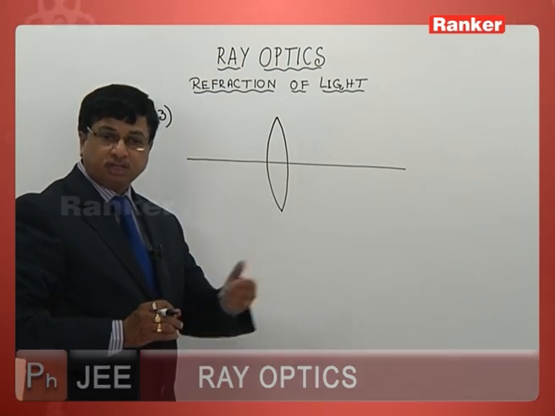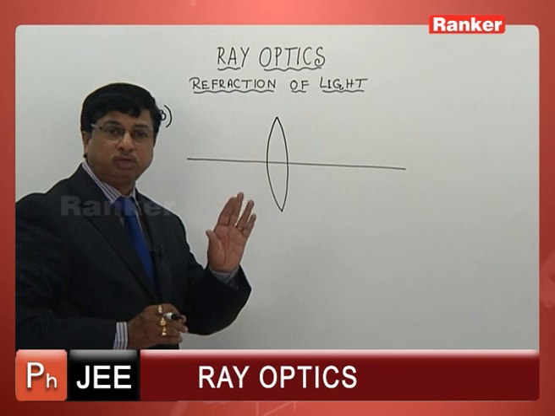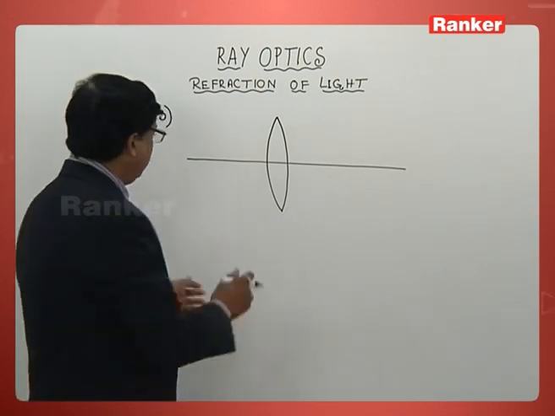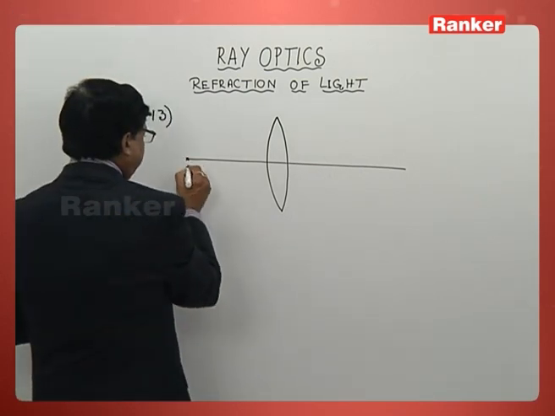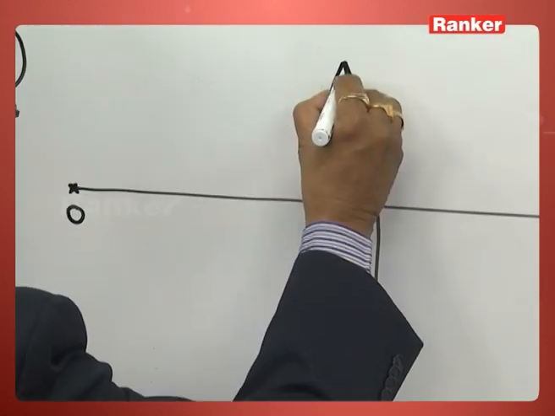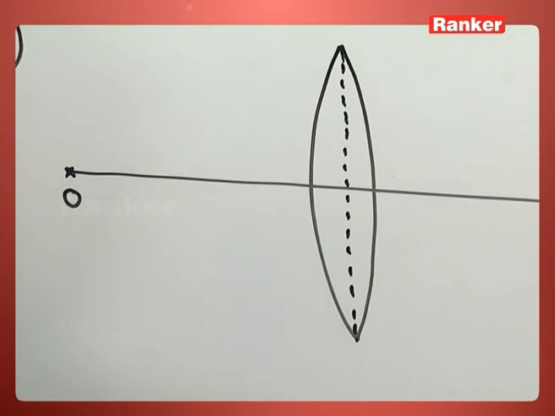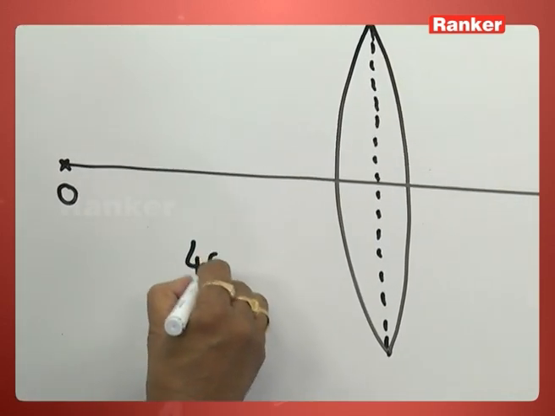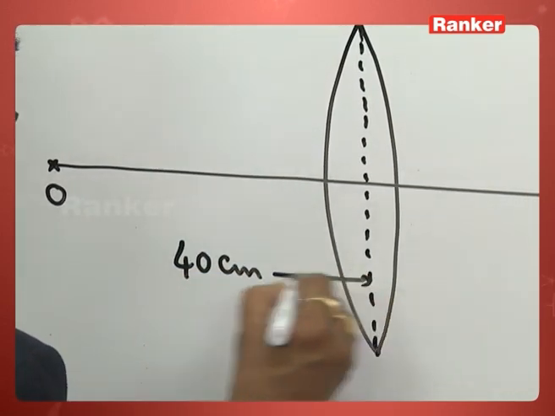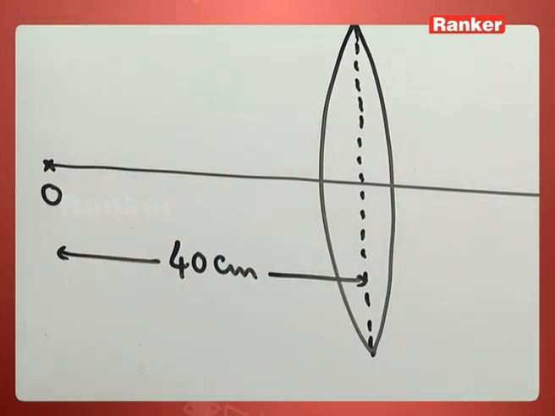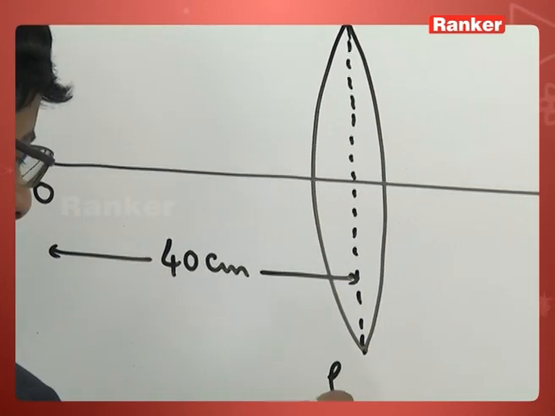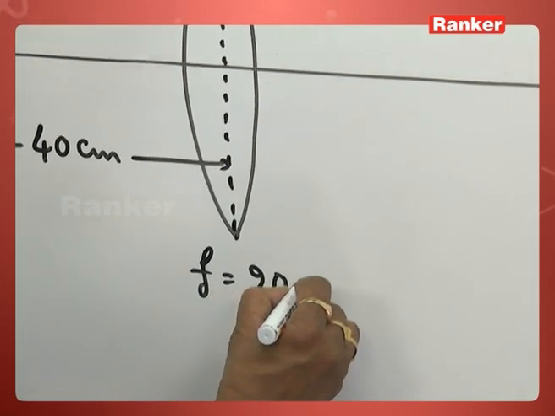At what distance it is placed? At 40 centimeter to the left of that lens. So let us consider this the object. This, of course, is the line of separation between two plano-convex lenses, like I can imagine. This distance is now given as 40 centimeter. And focal length of this lens is given as 20 centimeter.